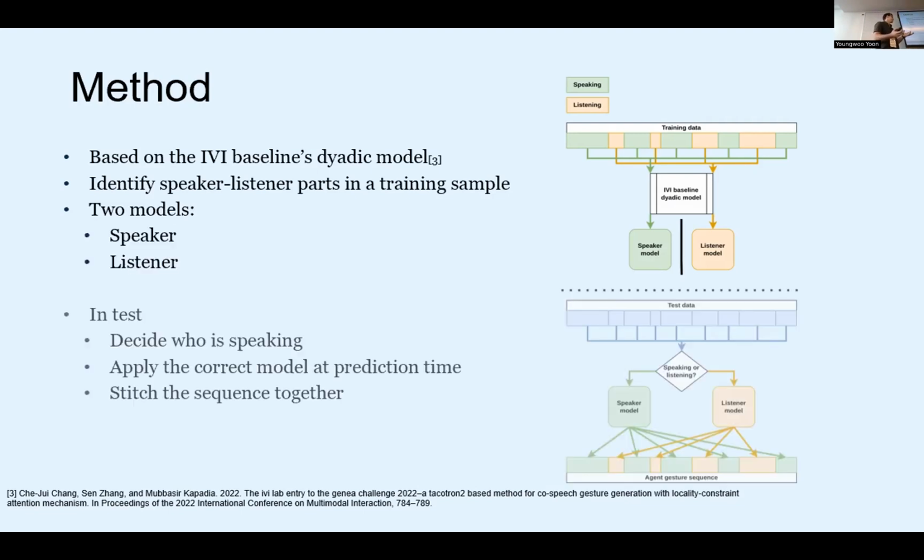Then at inference time, based mostly on the audio and also the text extraction, the transcript, we decided who is speaking. Based on that, we applied the correct model at the time. Then we stitched it all together and produced a test output that the evaluators could test.